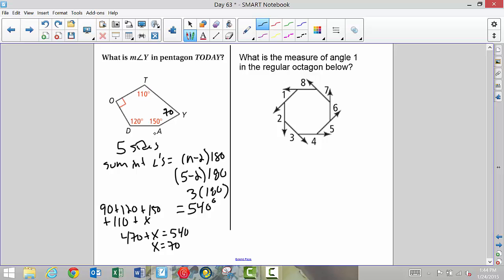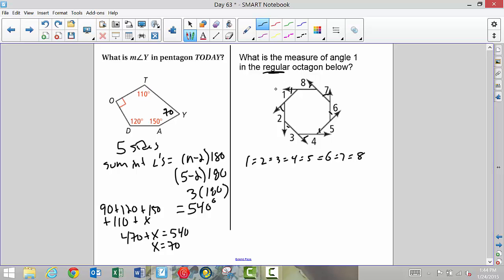Next one, we have what's the measure of one angle in the regular octagon below. Well, if it's regular, I know that all these angles are equal. So I know that 1 is equal to 2, equal to 3, equal to 4, equal to 5, equal to 6, equal to 7, equal to 8. Why do I know that? Because it's regular.